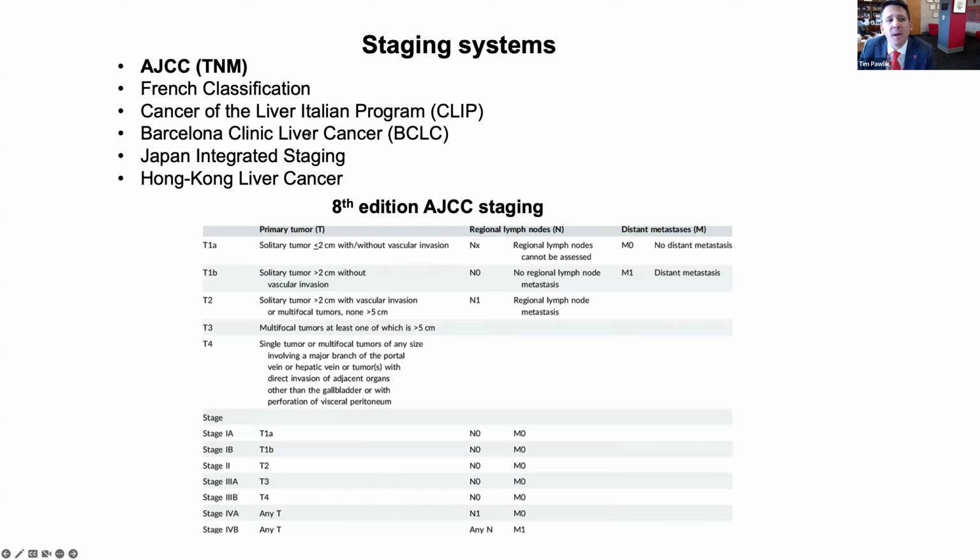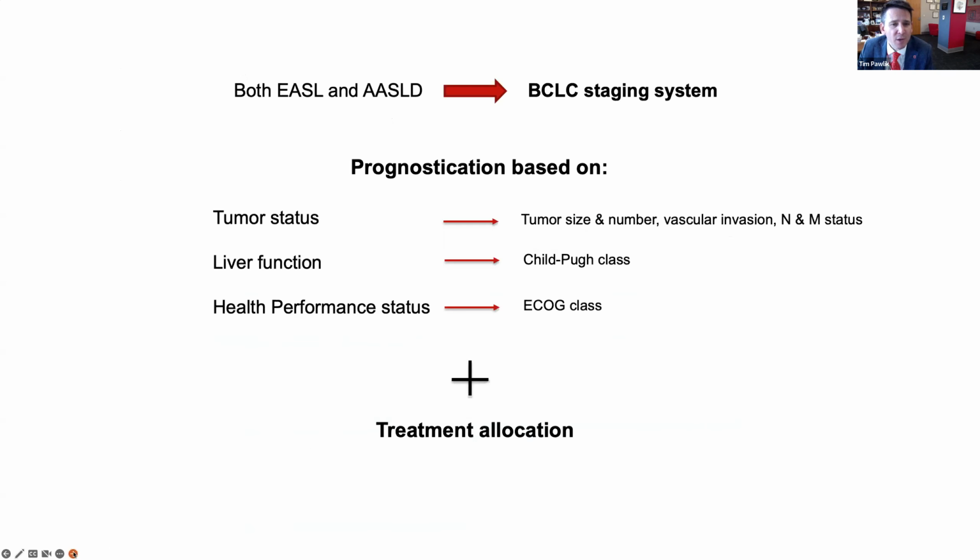Most of us have been focused on or discussed the BCLC staging system. These other staging systems like the JIS, the Japanese Integrated Staging, the Hong Kong staging, and even the CLIP to a lesser degree are frequently discussed as means to stage patients in the preoperative setting, but really most of the time we're talking about BCLC.